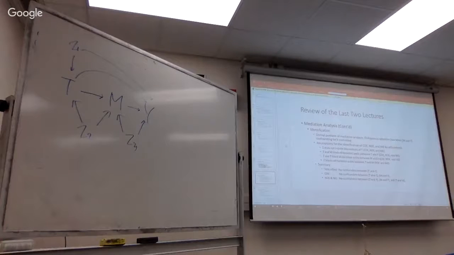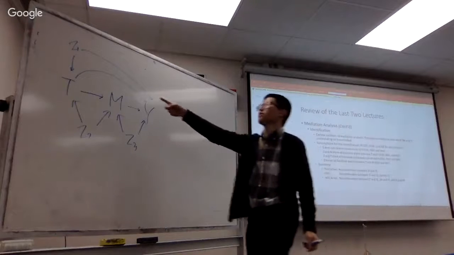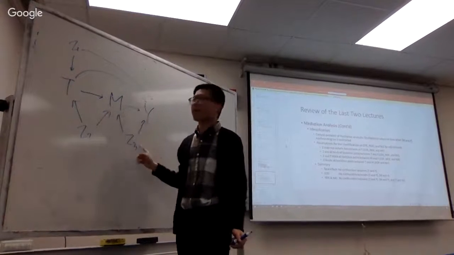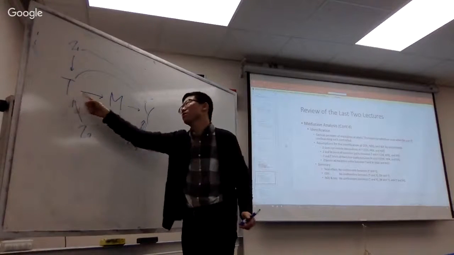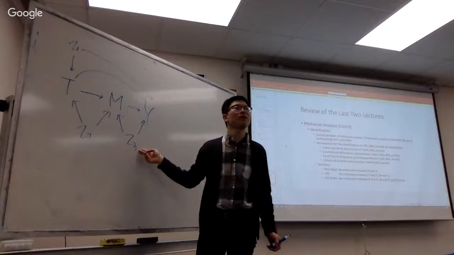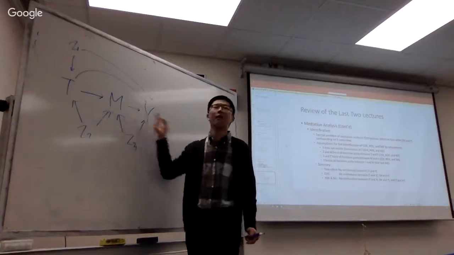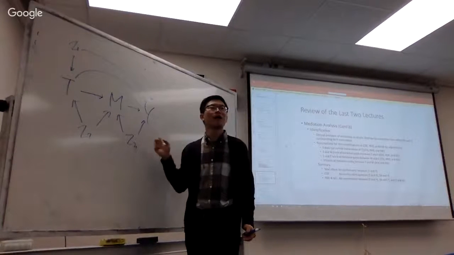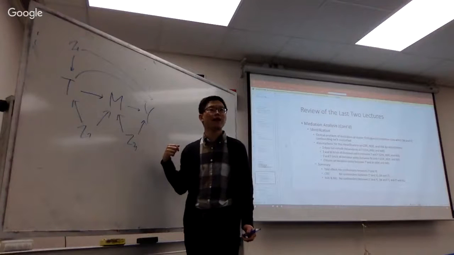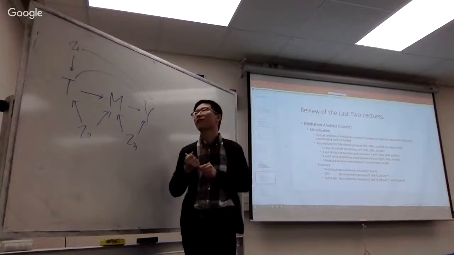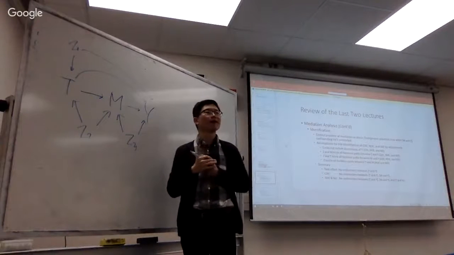Right? But the problem is that to identify the direct effect, you are controlling for m, then that would make a spurious relationship between t and y, right? So as long as there are confounders between m and y, you would have spurious relationship in identifying, or bias in identifying, the direct effect. Good.